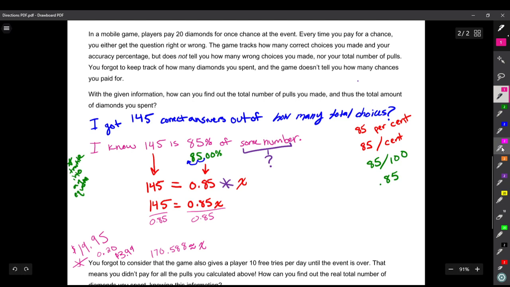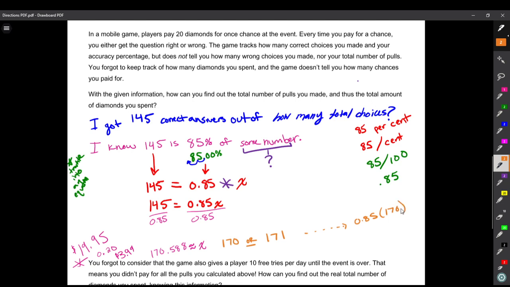Because if we do the reverse, this could mean 170 pulls or 171 pulls. If we were to do the reverse and say, okay, let's take 85% of 170, let's just see what that is. 0.85 times 170.